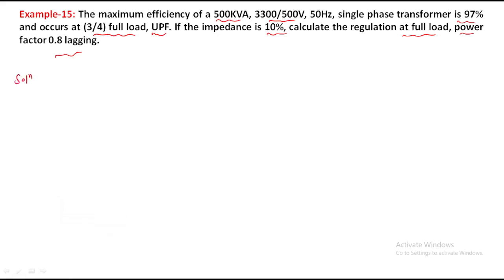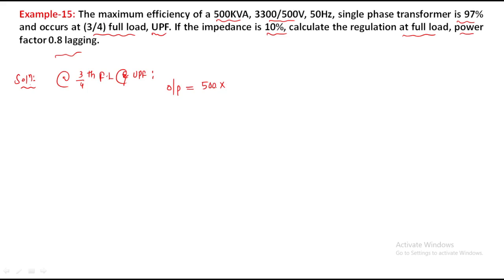Okay, so at 3/4 full load and UPF power factor, output should be equal to what? 500, right? Which is 500 equals E2 I2.